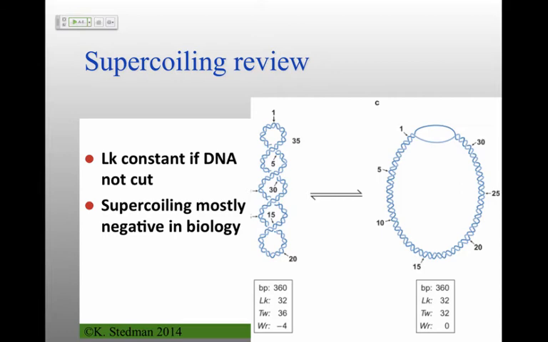In the middle, we have a writhe of 4. We've got 1, 2, 3, 4 crossing points here, and this is negatively supercoiled. That gives you a minus 4 writhe, so your linking number is 32.